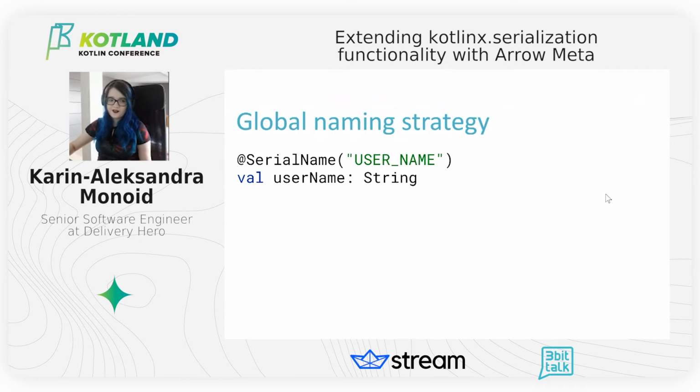For every property, you have to write a SerialName annotation and explicitly rename it with the name that you want to have as input or output. In this case, the camel case is becoming an upper snake case.